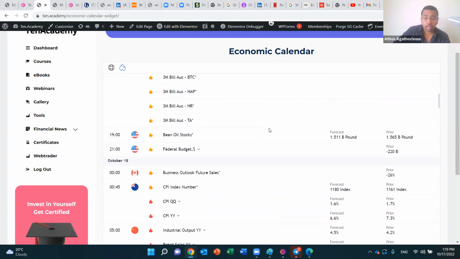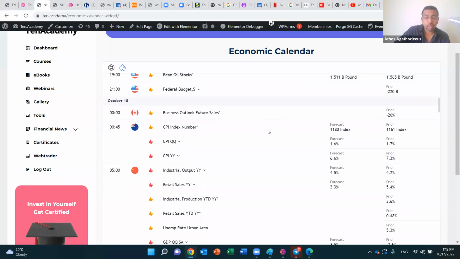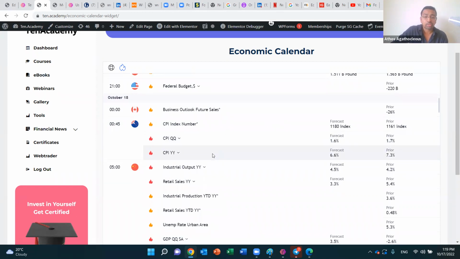We had it announced earlier today, but as an example, let's say tomorrow, October the 18th, we have some red ones right here for CPI and retail sales for both Australia and China. As you can see, this flag-like symbol tells you where it's coming from, and the most important thing is how high the impact would be. The answer is yes, these are medium to high impact ones, and they are the CPIs and retail sales figures.